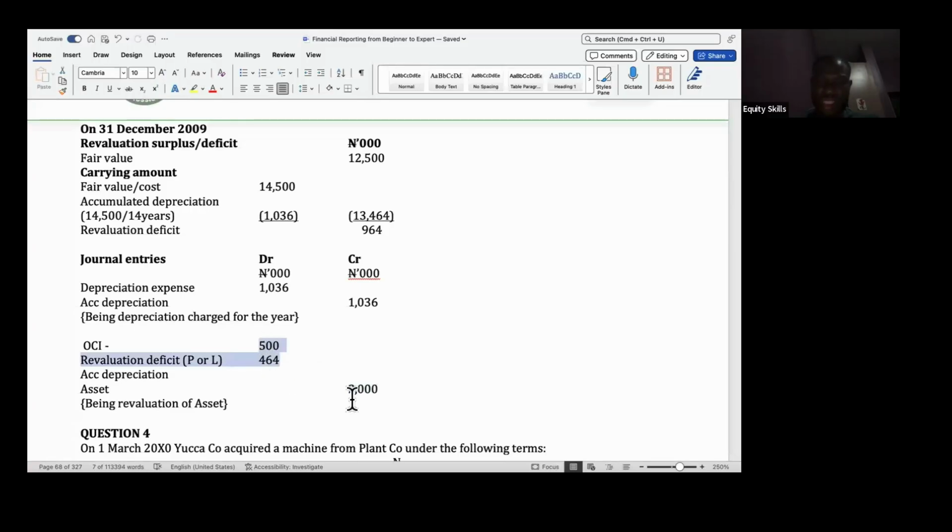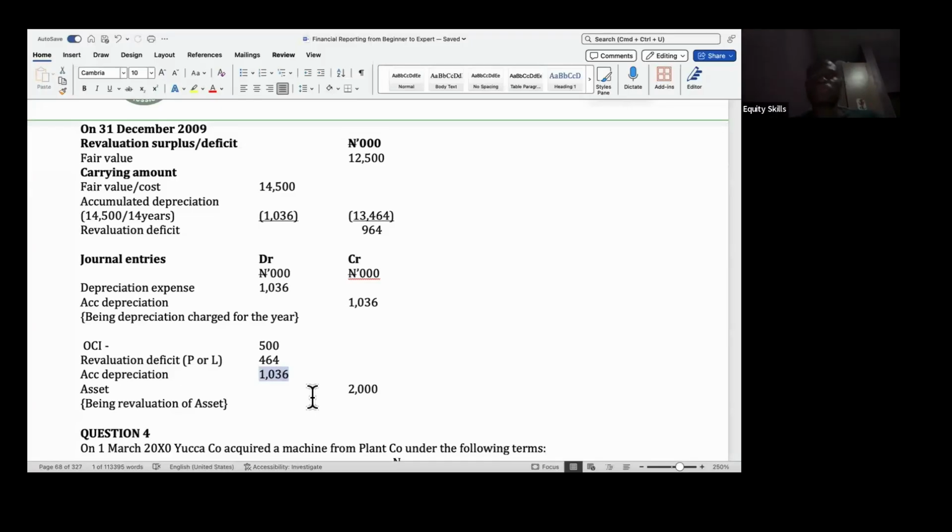What will make this debit and credit balance for this revaluation will always be an amount that will equal the accumulated depreciation, which is 1036. By debiting it, it means you are canceling it out.